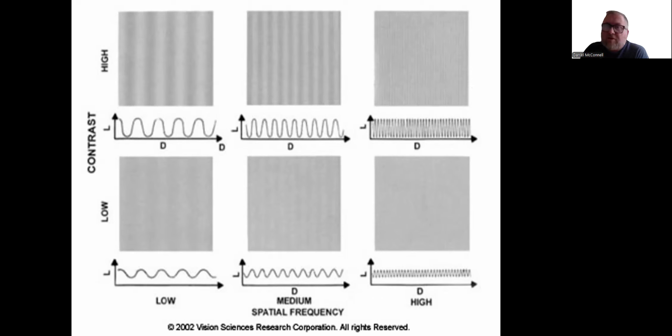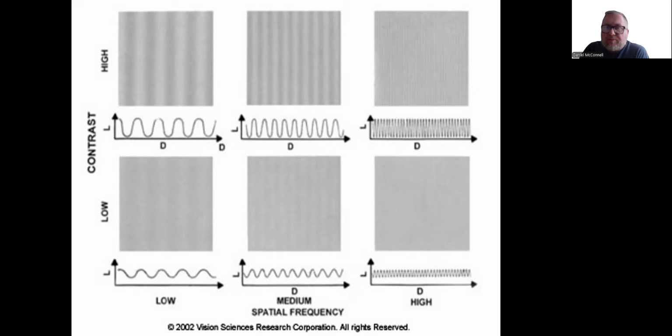And you should be able to see them, especially if you're on a nice, high quality, large screen. On the bottom, those three stimuli are low contrast, and you might notice that they are much harder to detect. So clearly in that case, the difference between L and D is pretty reduced on the bottom here.